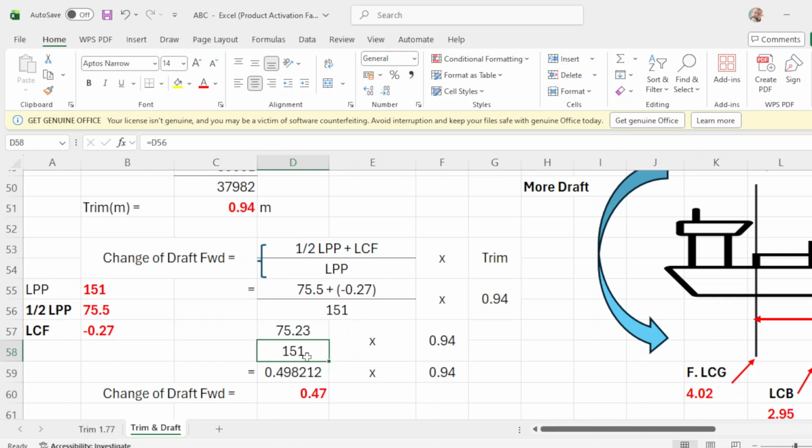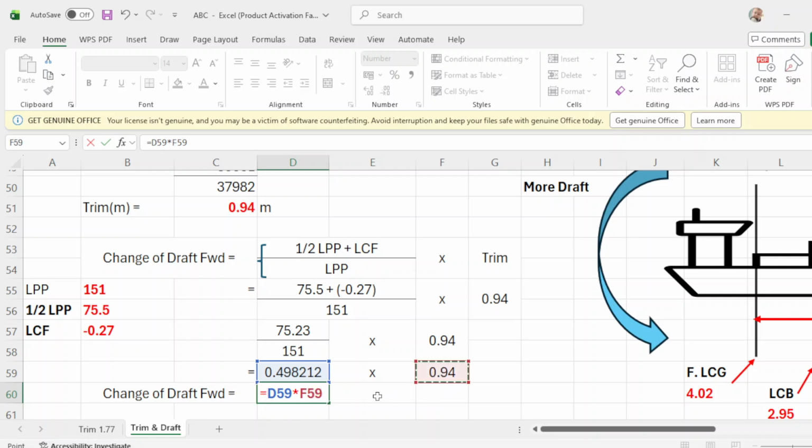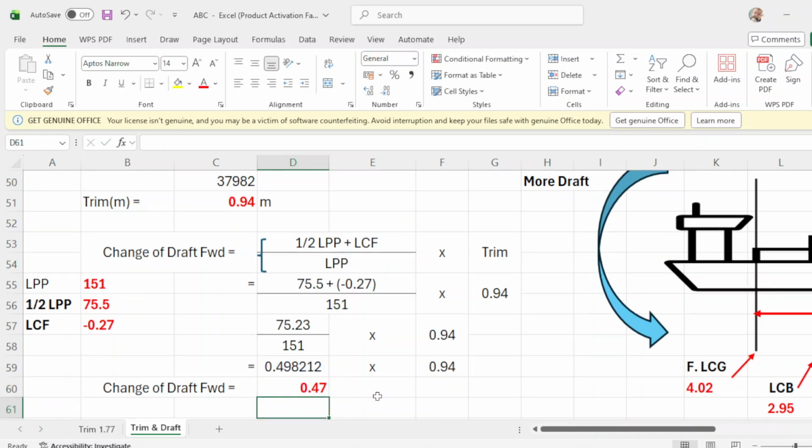Divide it with your LPP, equals, click this one, divide your LPP, and that will be 0.49842. Multiply with your trim, equals, click this one, times your trim, and change of drop forward will be 0.47.